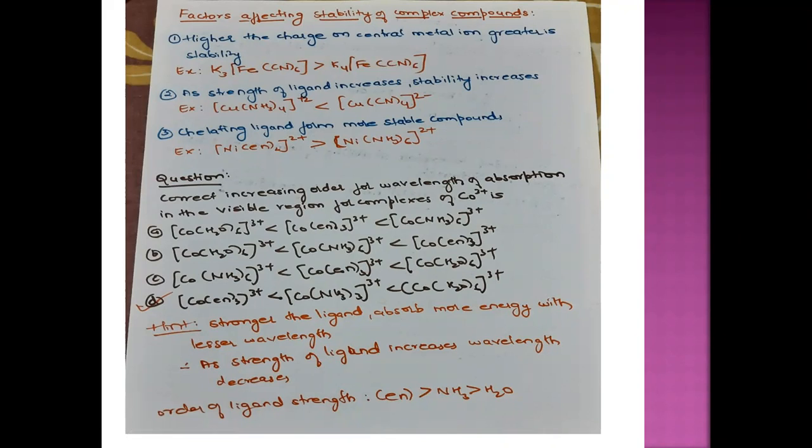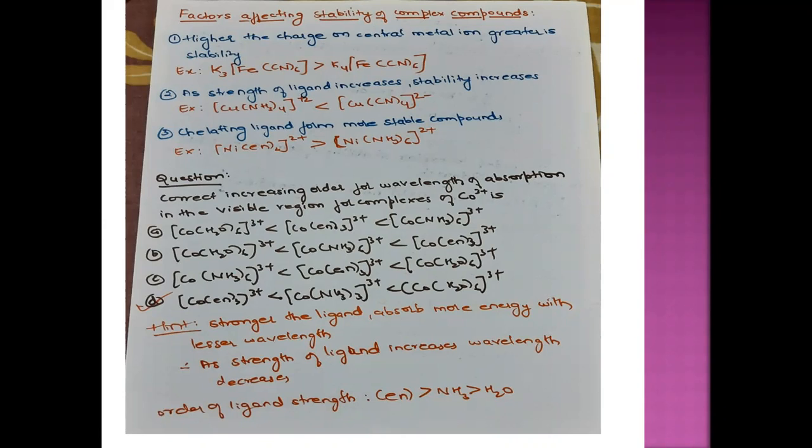That's why, according to the postulate, the one which carries the higher oxidation state will be more stable. So K3[Fe(CN)6] is more stable compared to K4[Fe(CN)6]. This is the first point. You should see whether the oxidation state is differing. If the oxidation state of the same metal is differing, then the one with the higher charge will be more stable than the one with the lower charge.